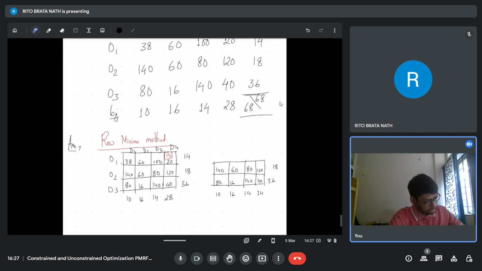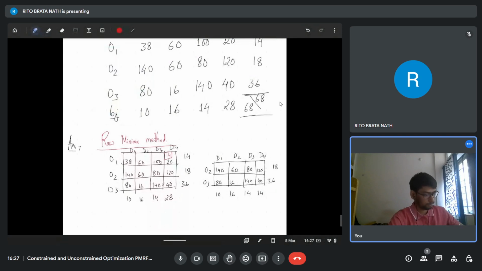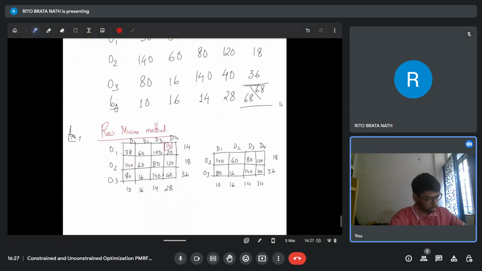So these are your D1, D2, D3, D4, origin 2, and origin 3. Now let's see what will be the allocation here. In this next row, 60 is the minimum one, and you can allocate the minimum of 16 and 18, which is 16. So let's allocate 16 here.